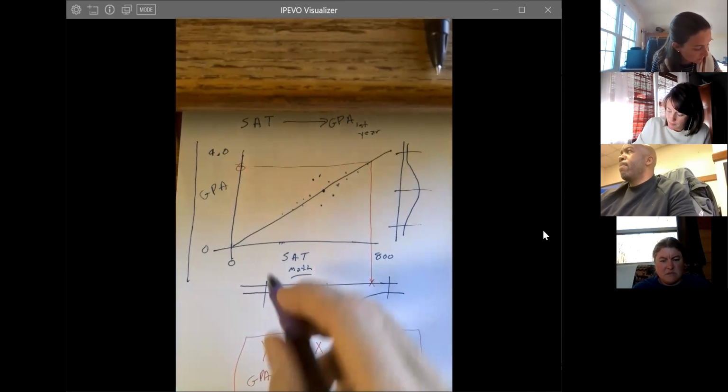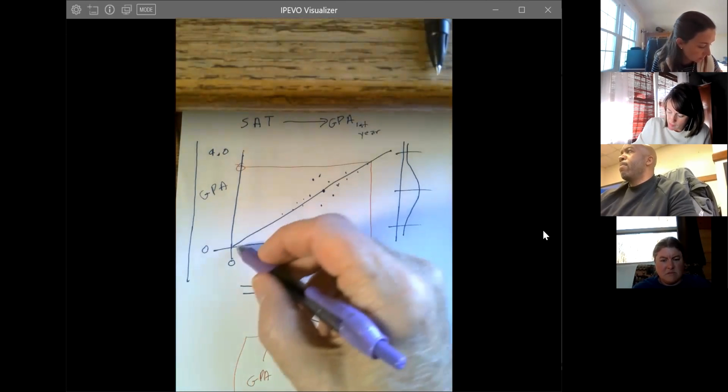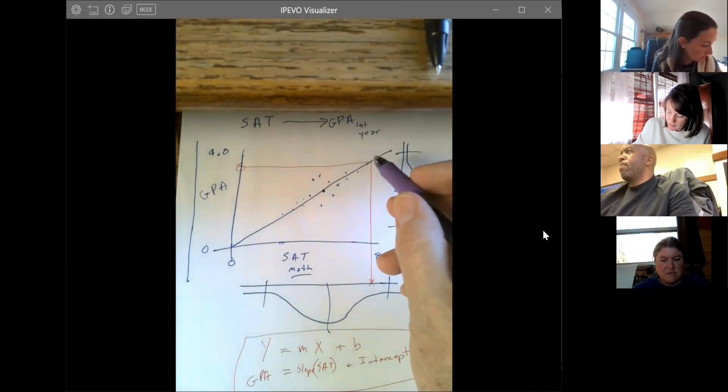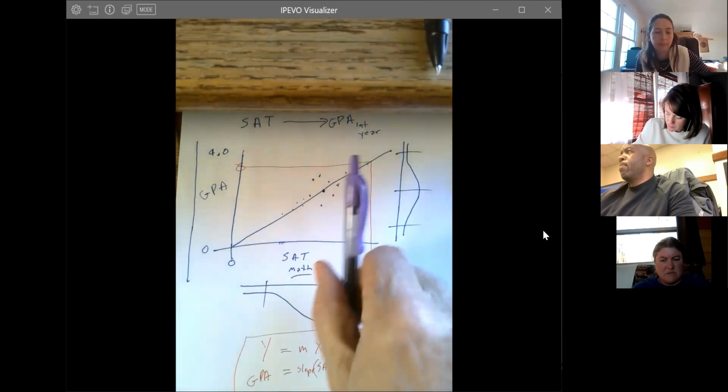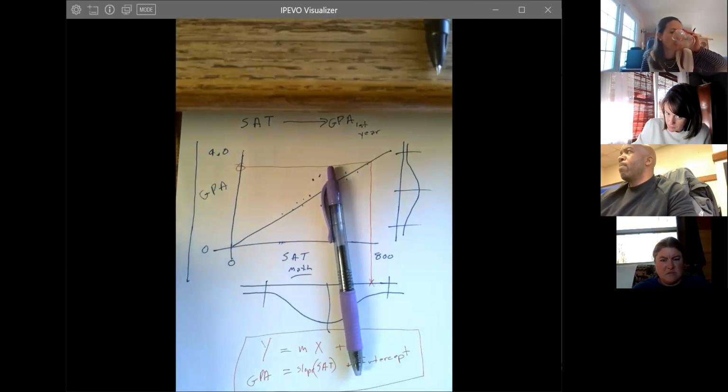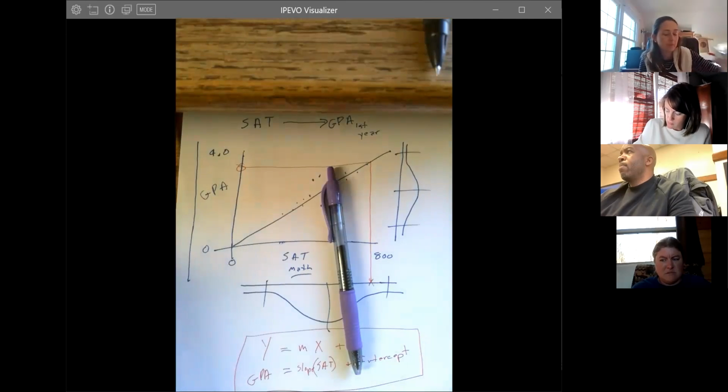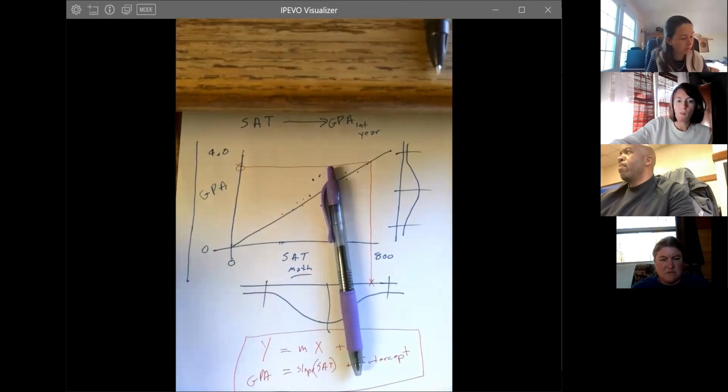Now, the value for this line here is computed. Let me kill this share.